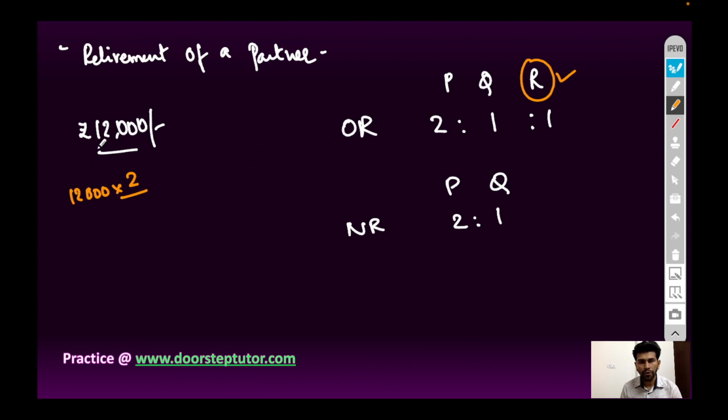That is 12,000 rupees total profit multiplied by the ratio of Mr. P, 2, divided by the total of the ratio, that is 2 plus 1 plus 1, 4. So 12,000 into 2 divided by 4, 6,000 rupees for Mr. P.